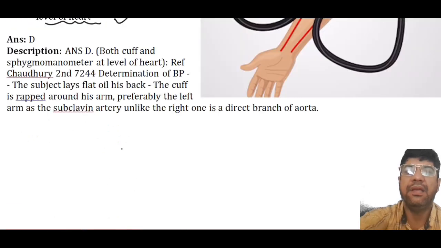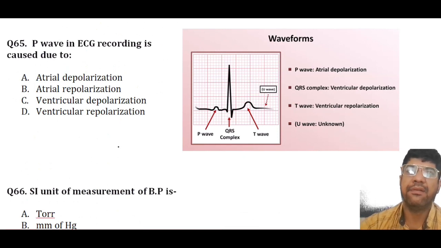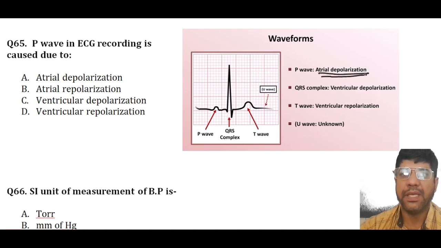Now the P wave in ECG recording is caused due to the atrial depolarization. So the P wave would represent what? Atrial depolarization.